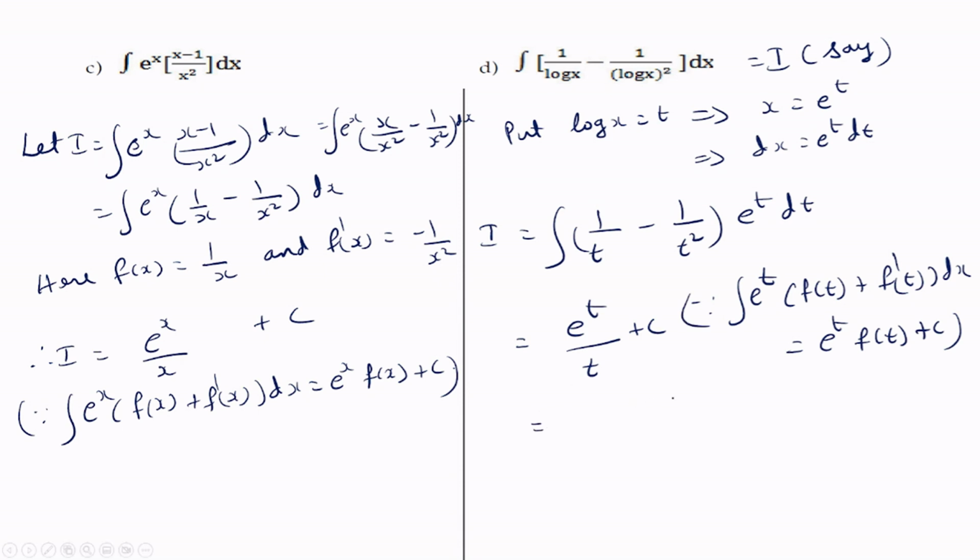Now we can substitute for t. t we have taken as log x. So it is e raised to log x upon log x plus c. e raised to log x is nothing but x. So this is x upon log x plus c. So this is the integral of this given function.